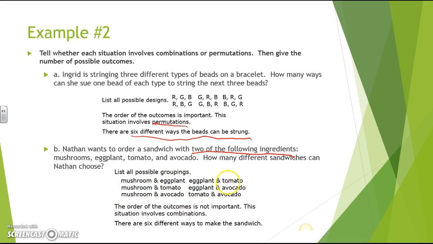He could have eggplant and tomato, eggplant and avocado, or tomato and avocado. Those are all the possible outcomes. The order of the outcome is not important for this situation, so it is a combination. There are 6 different ways to create a sandwich with that given information.